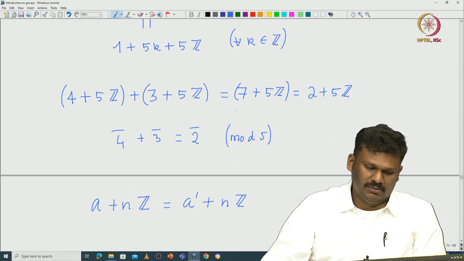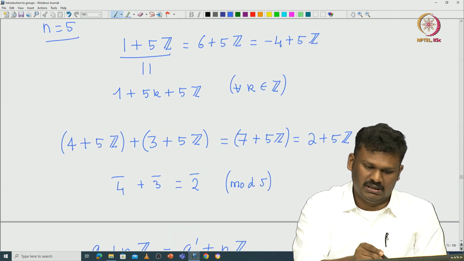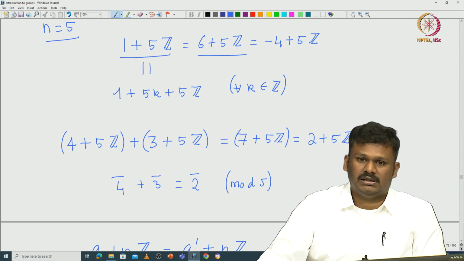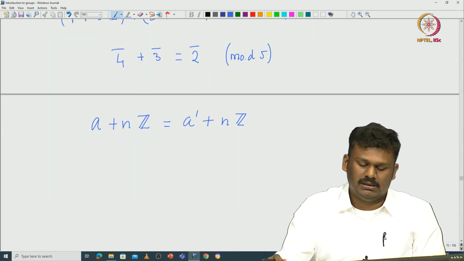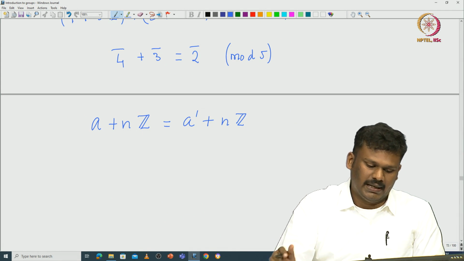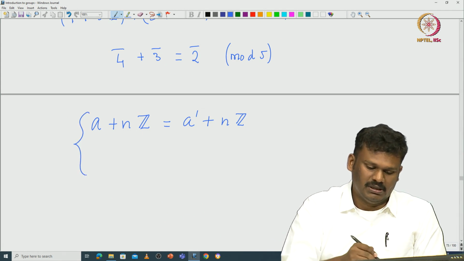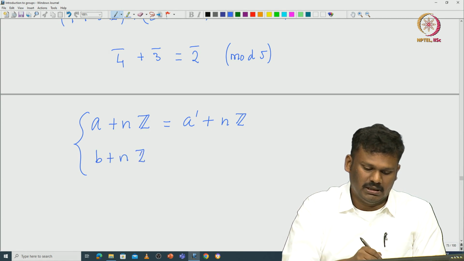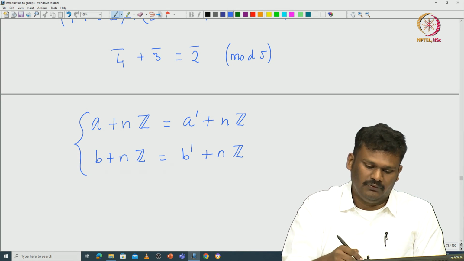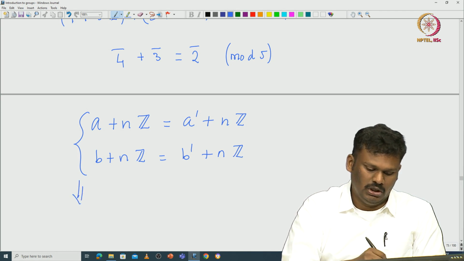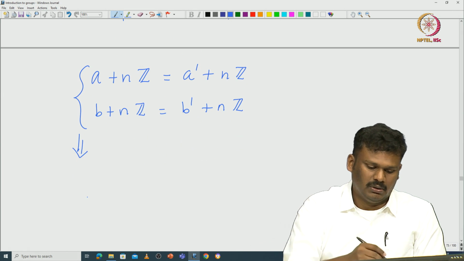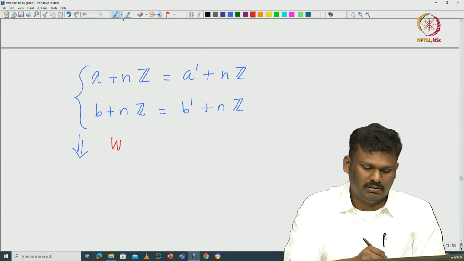We have already seen an example: 1 plus 5Z is the same as 6 plus 5Z. This can happen. So, what is the guarantee if a plus nZ is the same as a dash plus nZ and b plus nZ is the same as b dash plus nZ? Then we need to prove something, and this is what well defined means. So, what is the guarantee that we have to verify?